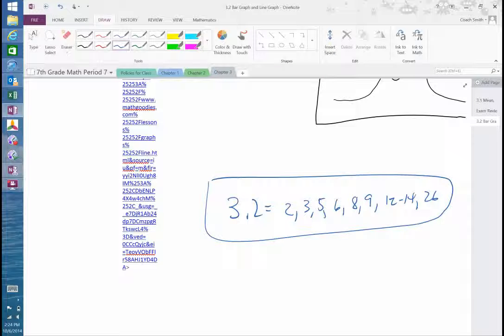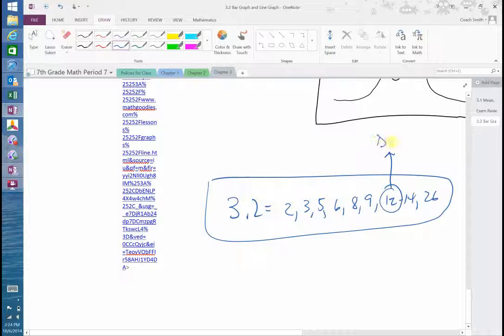Okay, let me look here. Okay, number 12 is the double line graph.